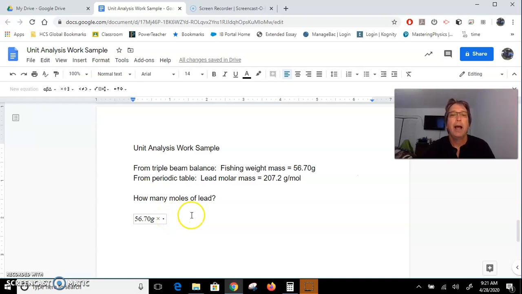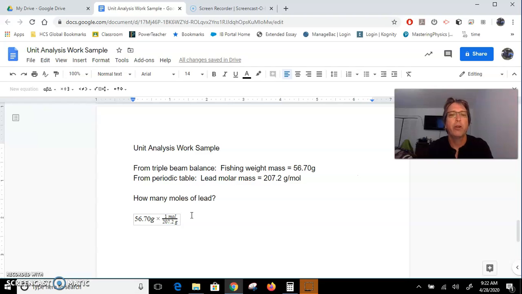And now I can say, I know that in 1 mole, and once I'm through typing on the top, I'll reach up and hit the tab button, and the tab will jump down to the bottom, and I can say that I know that 1 mole of lead has 207.2 grams.